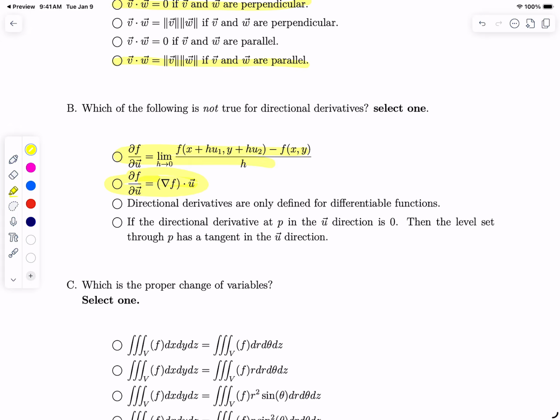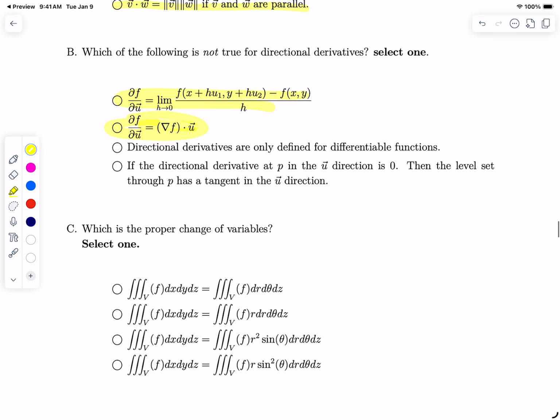Not necessarily. The directional derivative in one direction may exist, and maybe in another direction it does not exist. It means the function is not differentiable. But it depends on what direction you are choosing. Yeah, so we cannot say it's true.